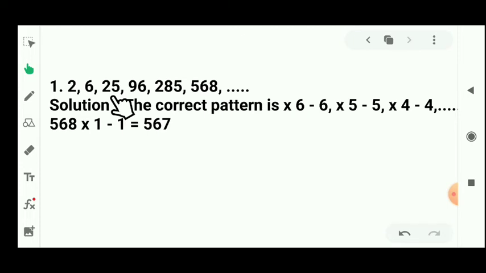Then multiply by 4 minus 4, it will be 96. Then 3 minus 3, it will be 285. Now here we have to multiply 285 by 2 and subtract 2. And now here we have to multiply by 1 and then subtract 1. That means 568 multiplied by 1 is 568, and when we subtract 1, the answer will be 567.